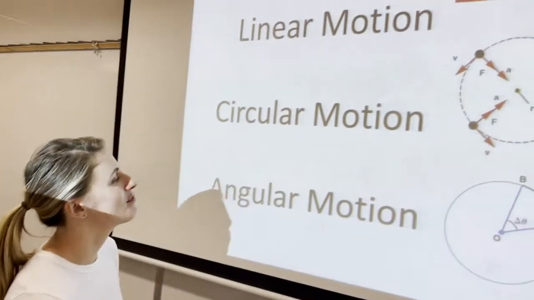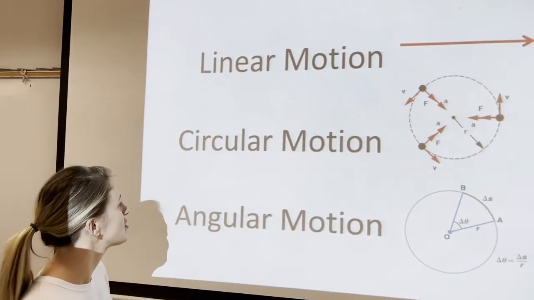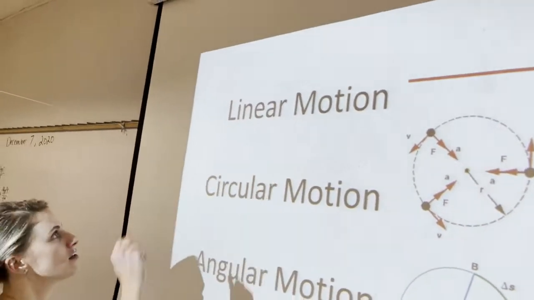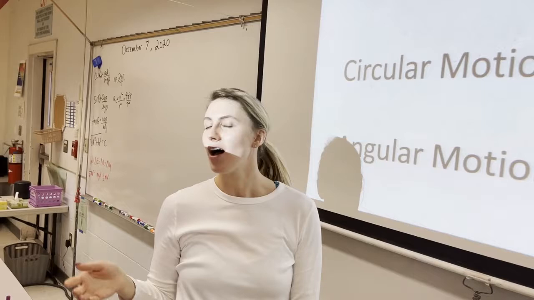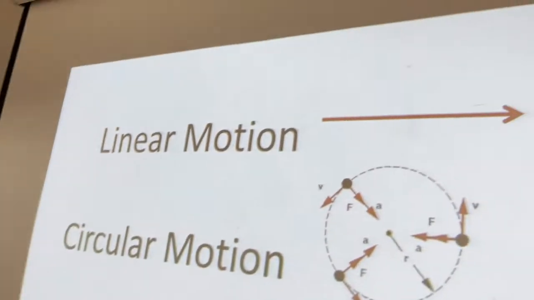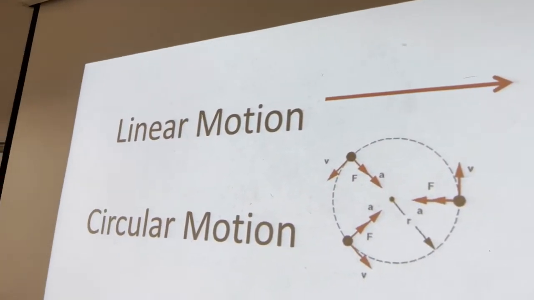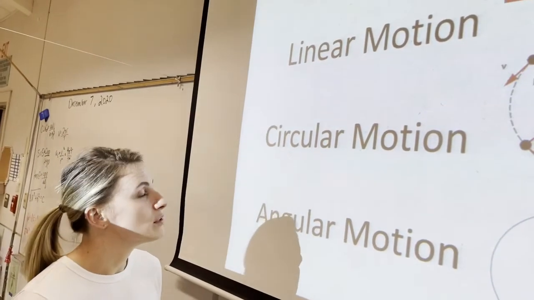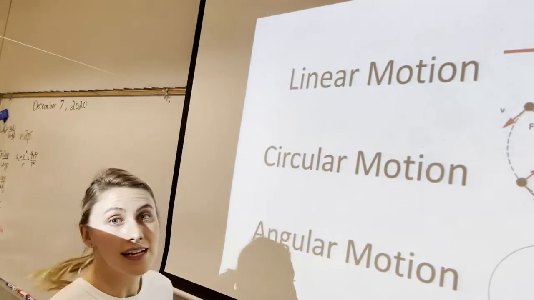This slide is a bit of review: linear motion, circular motion, and angular motion, and I want to talk about each of these. Linear motion is what we've been working on in the past: velocity, displacement, time, and acceleration.